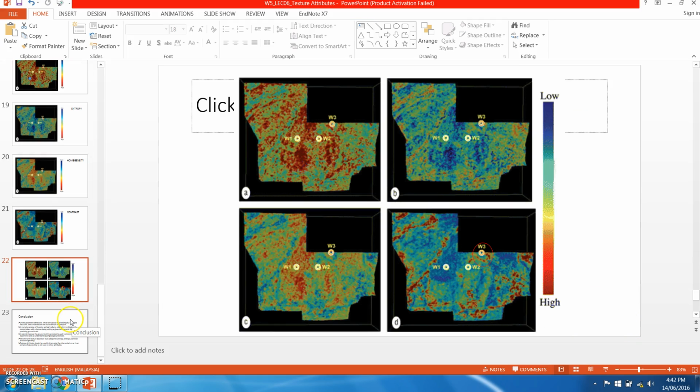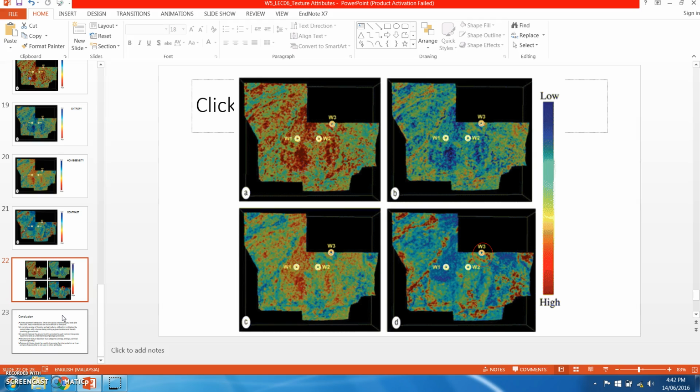So in conclusion, this texture attribute will provide convincing information not only for the distribution of the productive sands or reservoir sands, but also will furnish an explanation for the reason there is a different pressure in the hydrocarbon produced by well 3 compared to the hydrocarbon produced in well 1 and well 2.